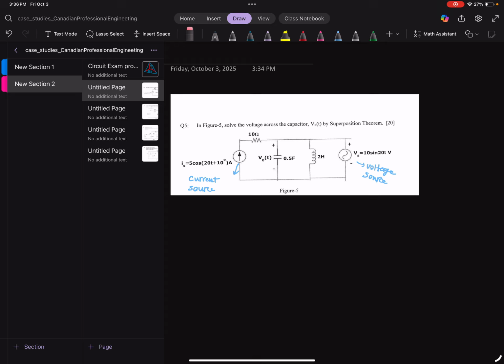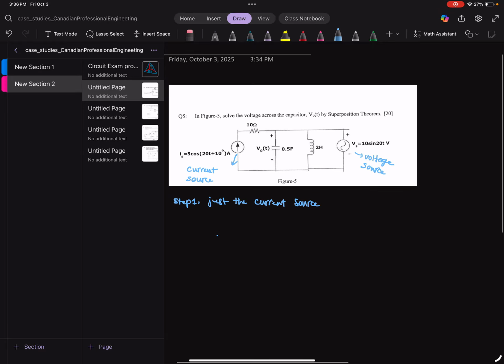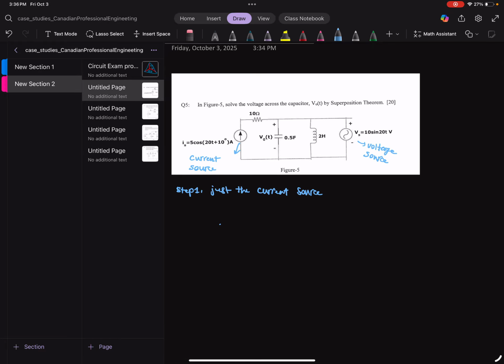Let's start by looking at the circuit first, considering this as step 1, just the current source. Okay, step 1, just the current source.